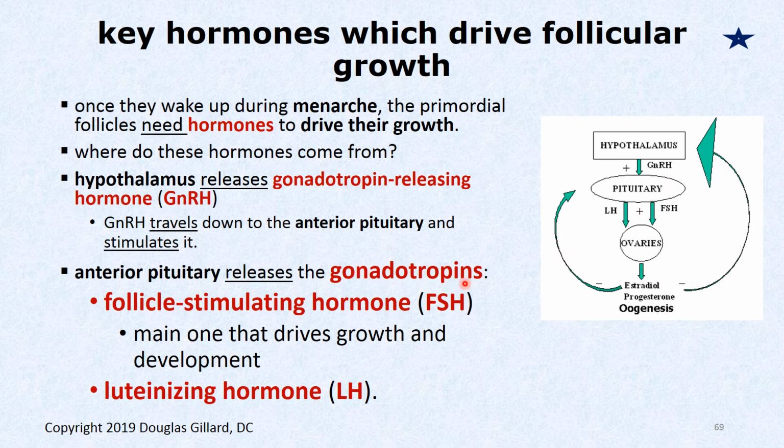Gonadotropins is a word that collectively means follicle stimulating hormone, FSH, and luteinizing hormone, LH. So if you want to talk about these two without saying FSH and LH, you can just say gonadotropins, and it's understood we're talking about FSH and LH. Right? Everybody good with that?